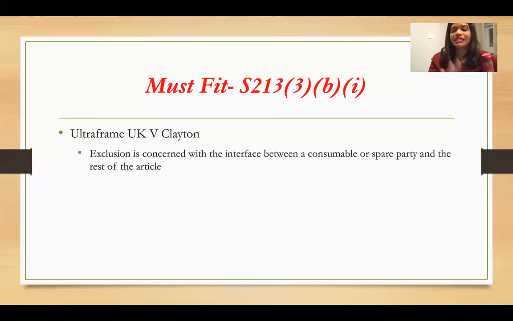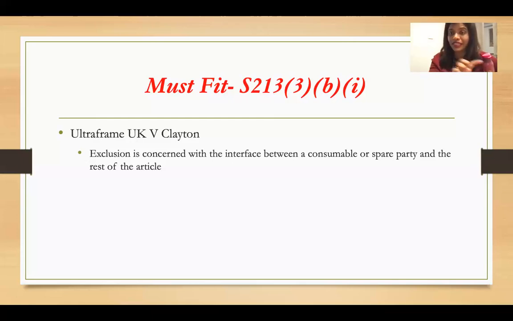This case went up to the Court of Appeal, and Lord Justice Jacob agreed to all the explanation that Man J gave in his judgment in Dyson and Quartex. So if you have time, go and read it, and you can also see that Man J agreed to all his explanation, especially on Ultraframe.